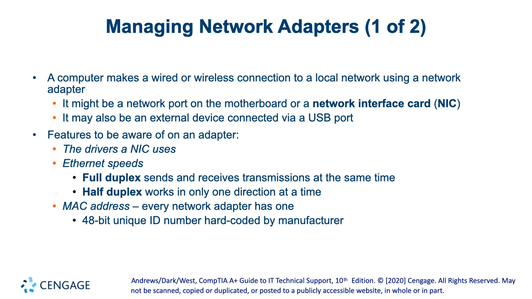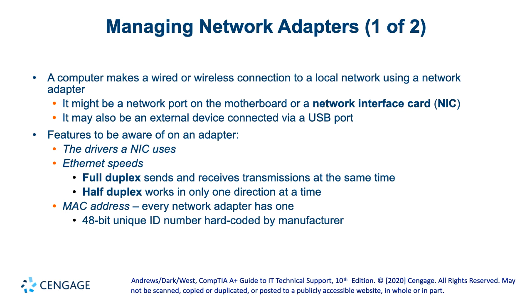All right. Computers use a network interface card, or NIC, to connect to the network. The NIC may be a part of the motherboard. It may be a separate card plugged into the motherboard, or it may even be an external device connected via USB. The network interface card may be a wired card or a wireless card.